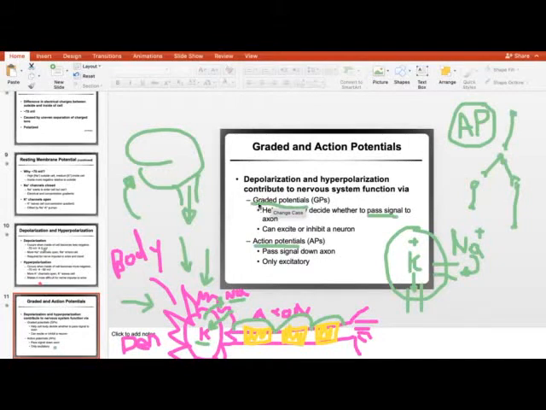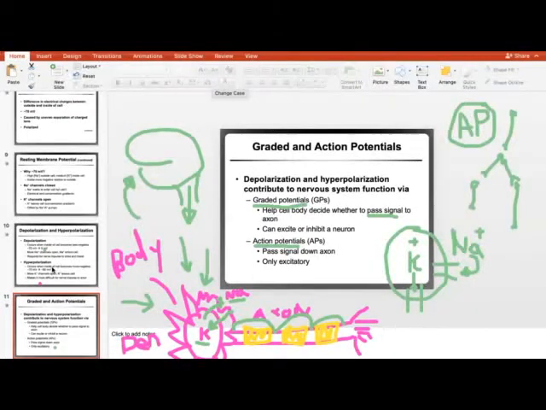This is like information. These graded potentials are where cells can propagate this electrical signal to each other, but it's not going to create an action potential, or excite any other neurons down the chain so that somatic movement can occur.